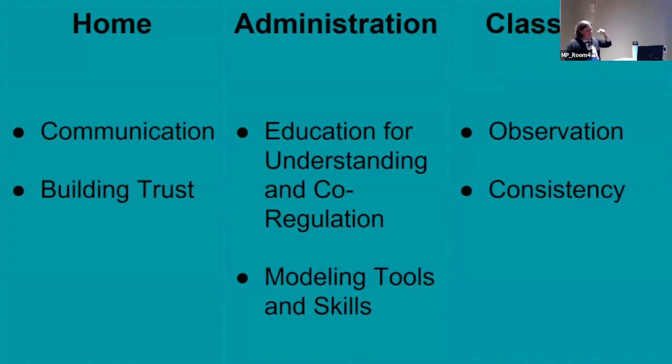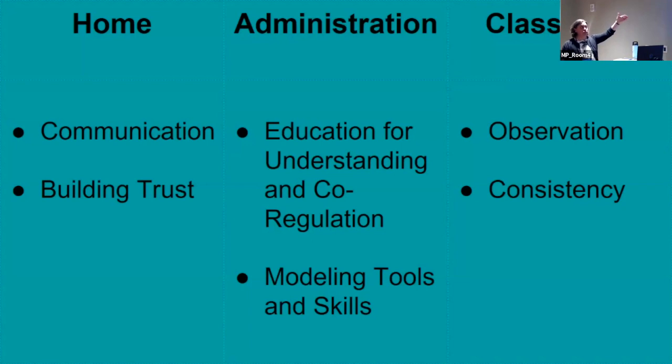Building trust. It's tricky, right? I heard in an earlier conference, it's frustrating working with schools, right? Sometimes it feels like you're fighting the schools to get your child's needs met. And I wish that was easier for you. I'm trying to make it easier in my little pocket. But if you can continuously build that trust, and it shouldn't just be you building that trust, but you have to be open enough for us to try to connect with you and have that trust.